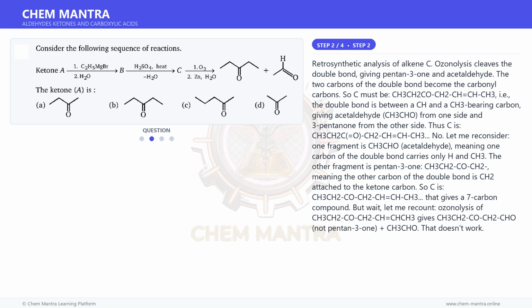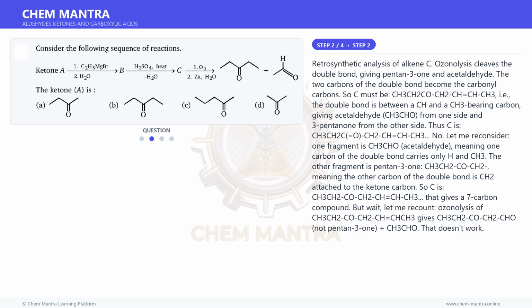No. Let me reconsider. One fragment is CH3CHO, acetaldehyde, meaning one carbon of the double bond carries only H and CH3. The other fragment is pentan-3-one, CH3CH2COCH2CH3, meaning the other carbon of the double bond is attached to the ketone carbon. So C is CH3CH2CH2CH=CH3.